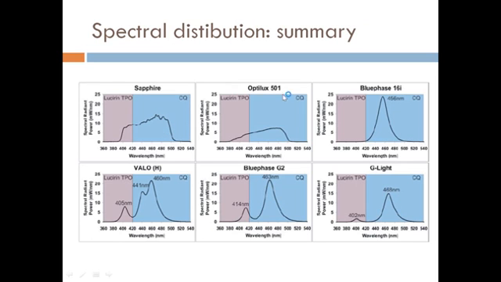For an Optilux, which is a quartz tungsten halogen, you have a tail that goes into glycerin TPO, but the Bluephase 16i would not go into that. That's why they came up with the Valo and the Bluephase G2 and the G-Light, which not only have a wave centered at 468, but also some intensity at 405, or 400, 414. So those light sources are compatible with those more aesthetic initiators. You have to be aware that some of the older models or single-wave LEDs are not compatible with the more aesthetic initiators.